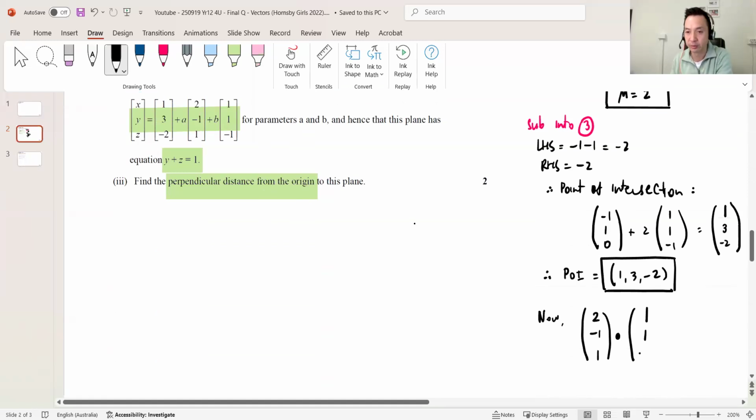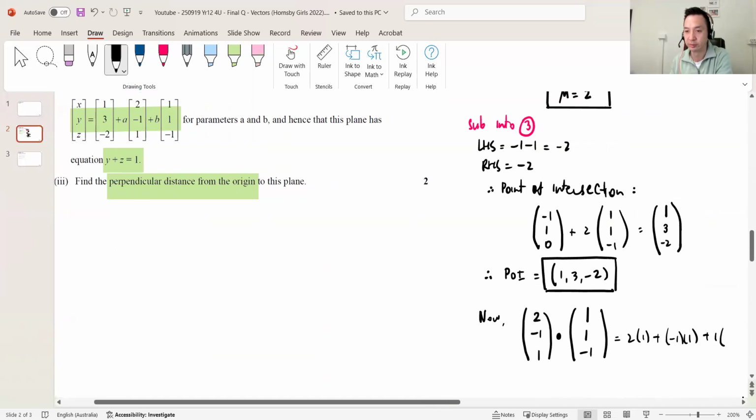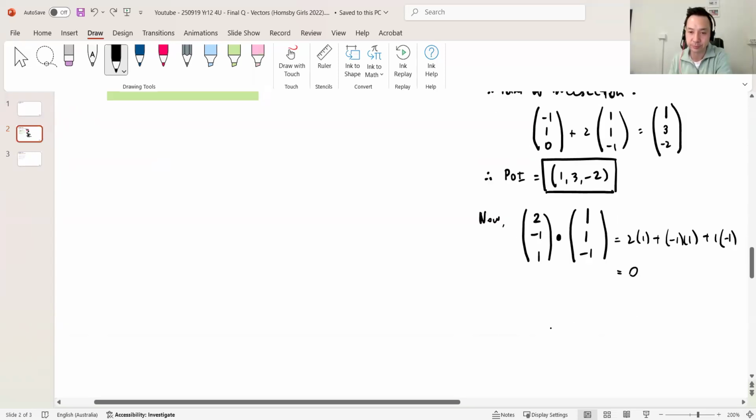That's 2 times 1 plus -1 times 1 plus 1 times -1, which equals 0. Therefore, L1 and L2 are perpendicular.